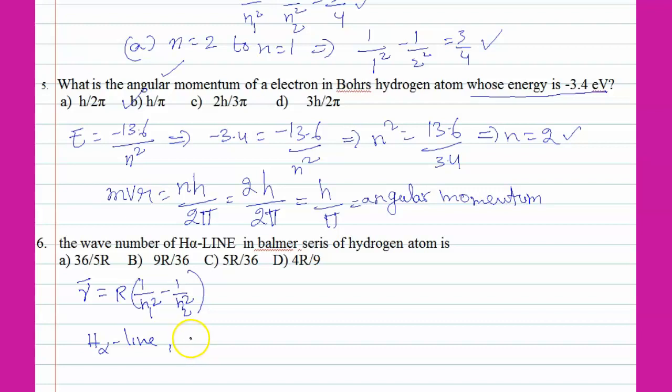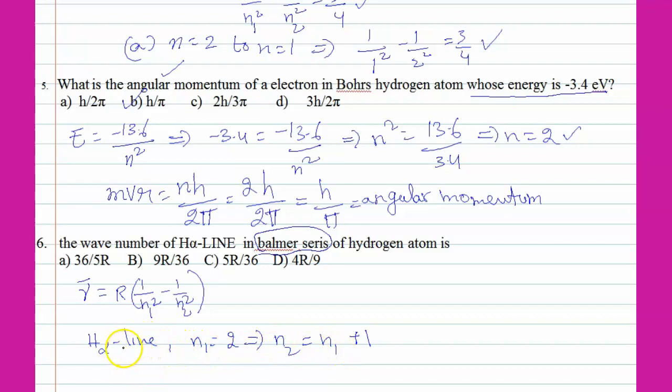Actually n1 for Balmer series, n1 equal to 2. For alpha, n2 equal to n1 plus 1.